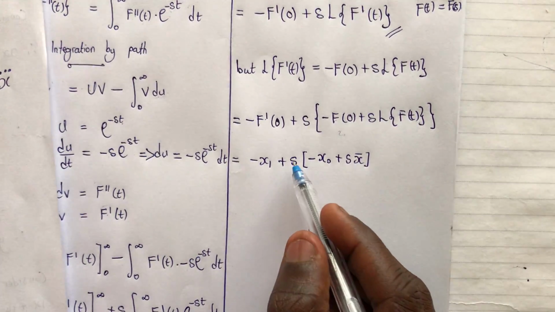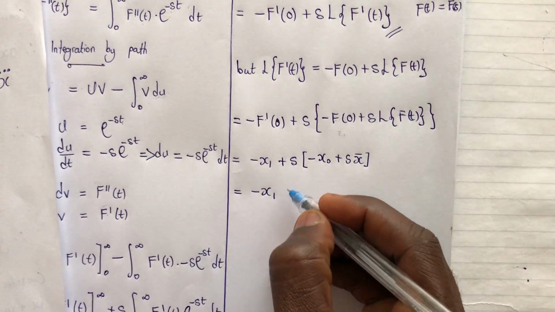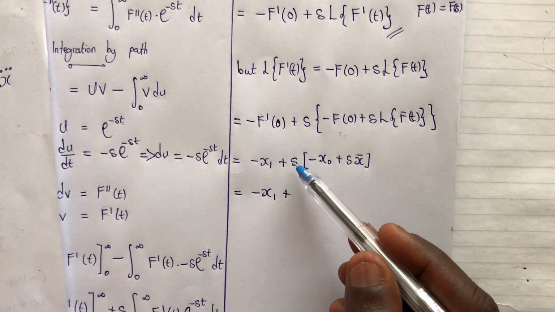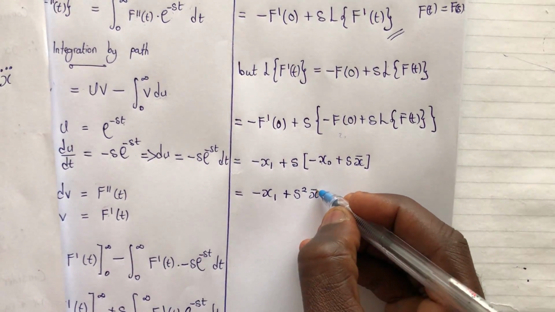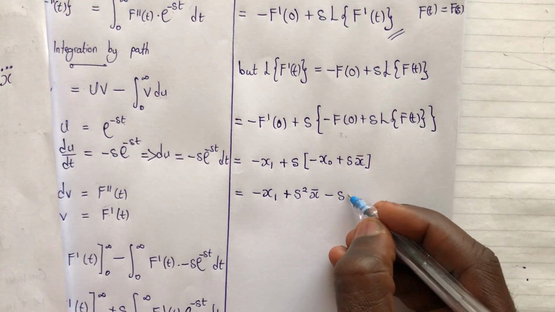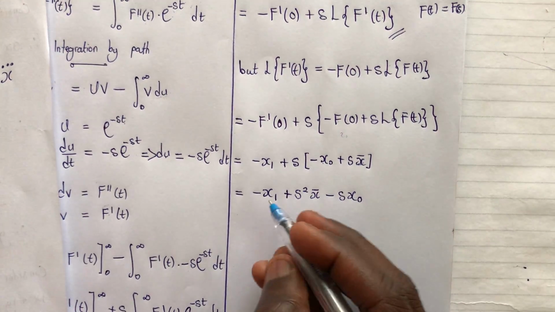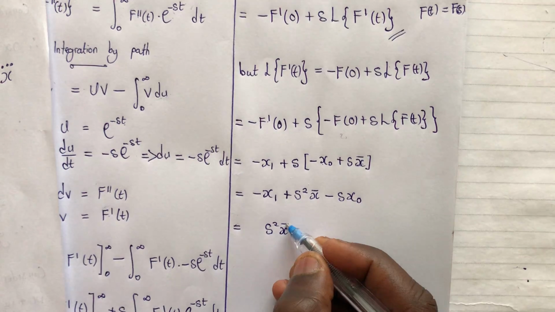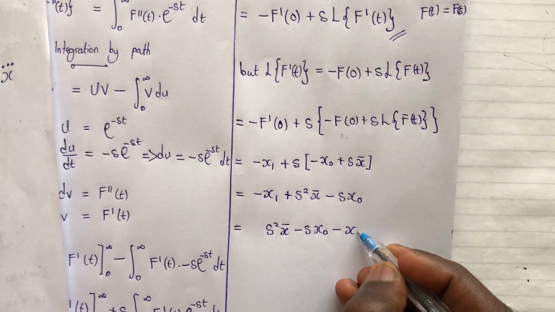Okay, now you can use this to multiply through. This is negative x1 plus, and because I wrote plus here, let's multiply this one first. This time this is giving us s squared times x bar. Then this and this will give us minus sx0. We can now rearrange this starting from the highest power. So this is the same as s squared x bar minus sx0 minus x1.